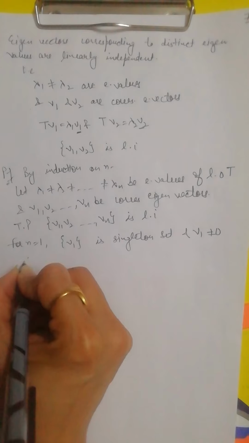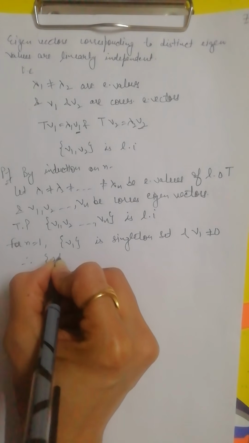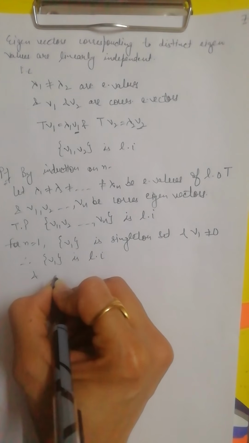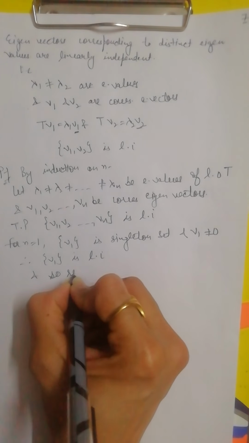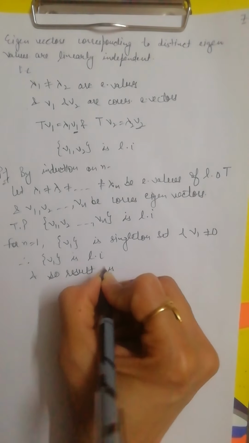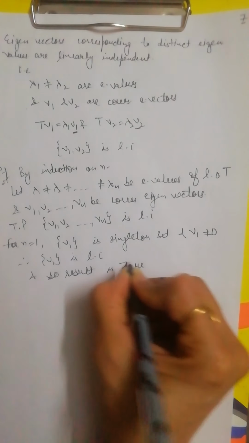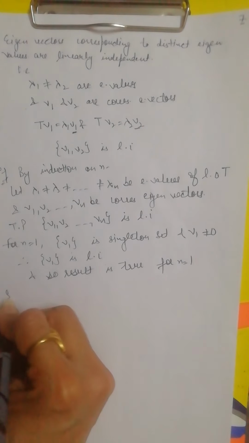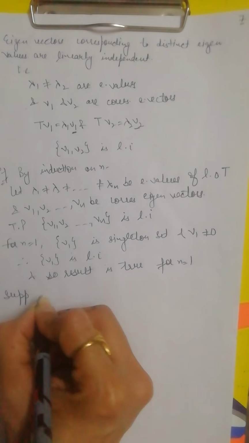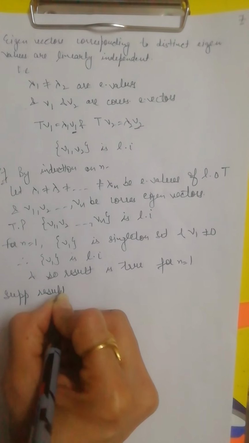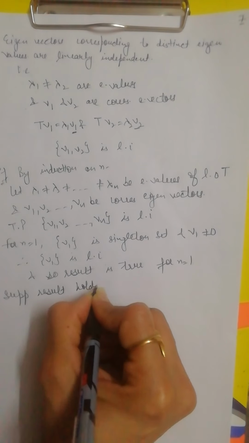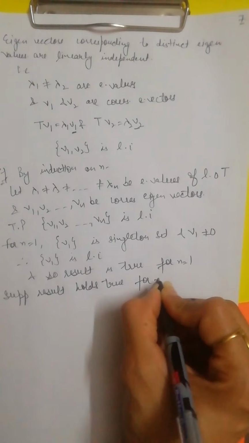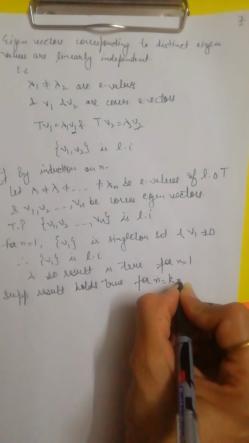Therefore, this is linearly independent, and so the result is true for n is equal to 1. Now suppose the result holds true for n is equal to k minus 1.